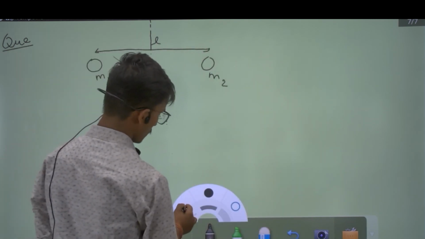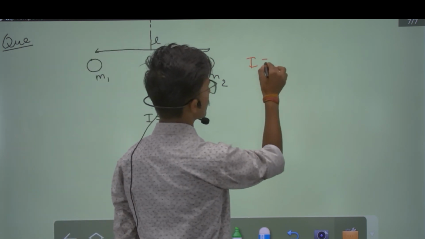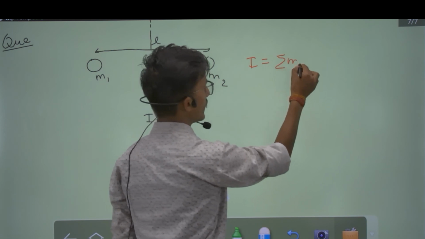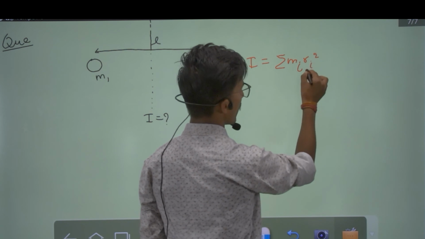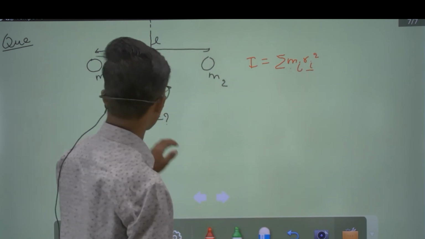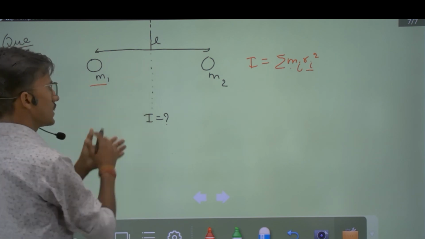Okay. So what we will do, as we know, I is equal to summation of mi into ri whole square. R is the distance of that mass. Here we have only two masses, and each has a fixed distance from the axis, right?